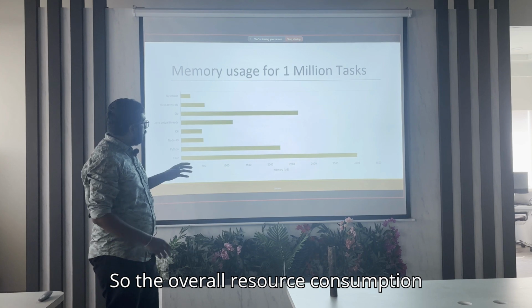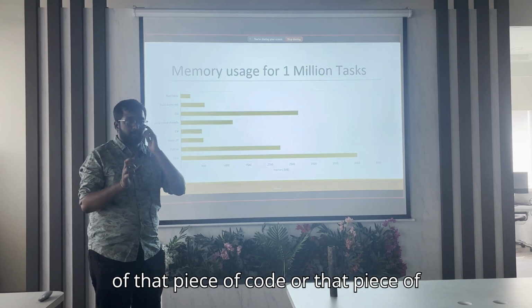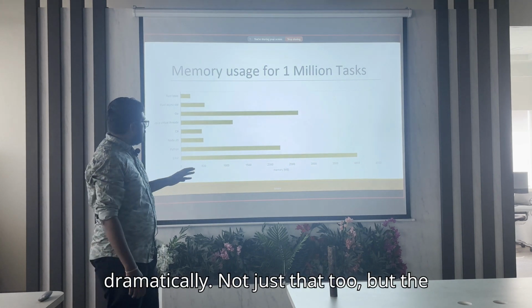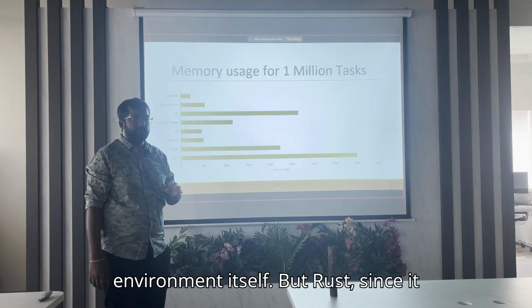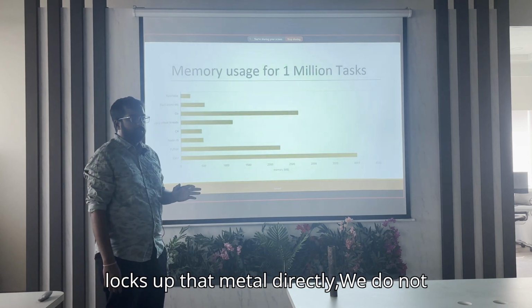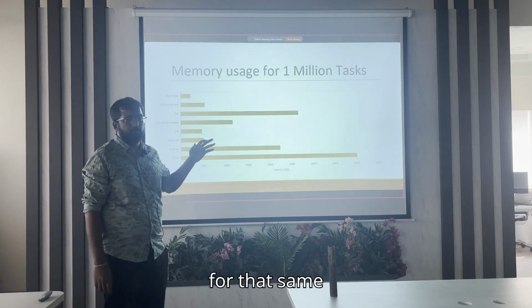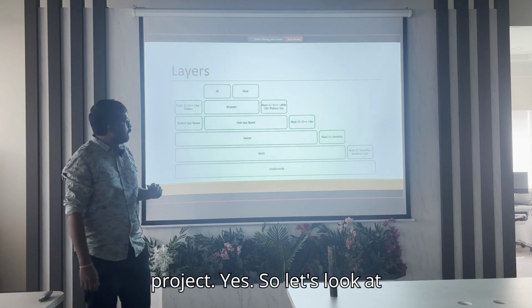So the overall resource consumption of that application increases dramatically, not just for that code, but for the environment itself. But Rust, since it runs on bare metal directly, we do not need any extra resource consumption for that same project.